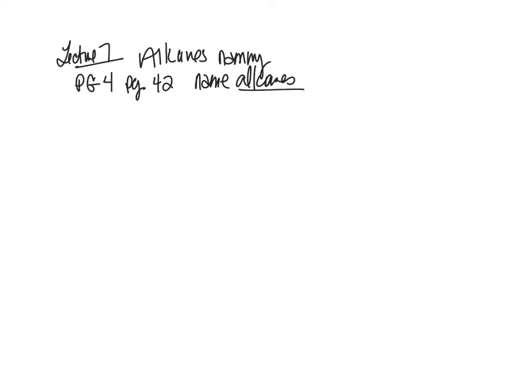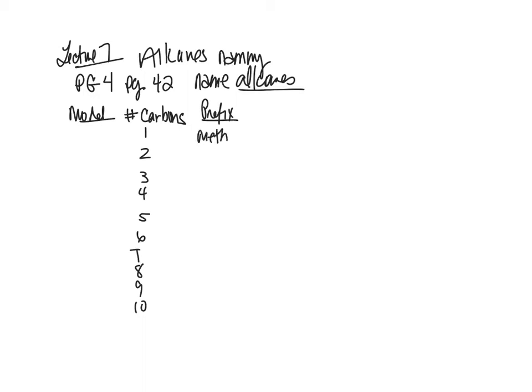Okay, so Model 1, page 42. Okay, so look at that and see if you can answer those questions as I copy this down. You will need to start maybe making some index cards.